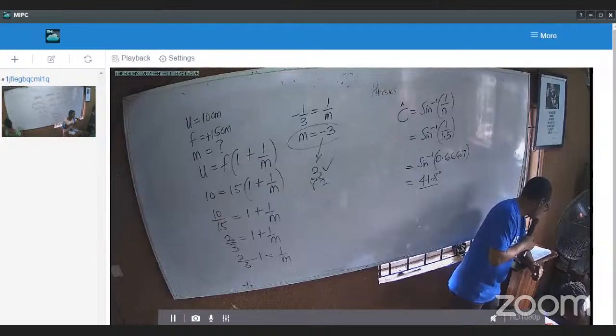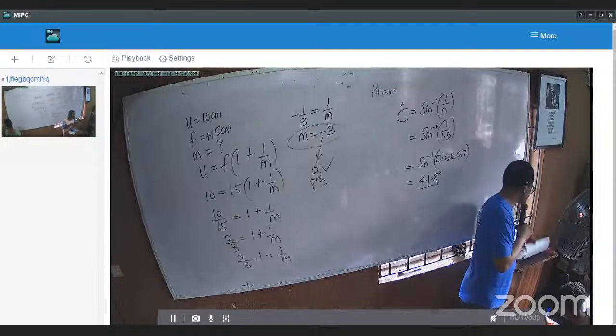Full stop. Determine the object distance. Classwork.